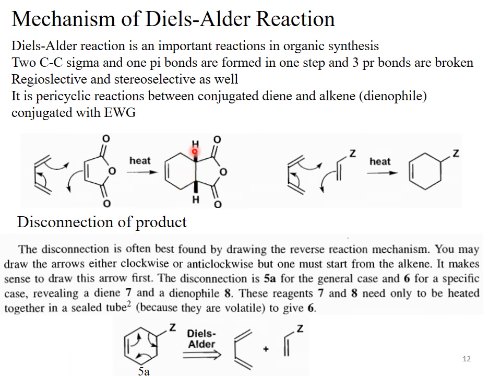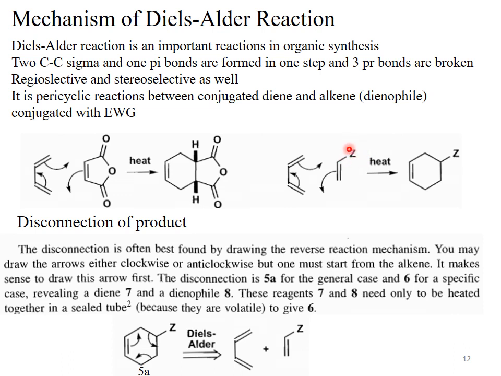If we disconnect this product, then we will obtain the reactants from which this product was formed. We have to keep in mind that these 4 carbons, 1, 2, 3, 4, must be part of the diene, and these 2 carbons must be part of the dienophile.